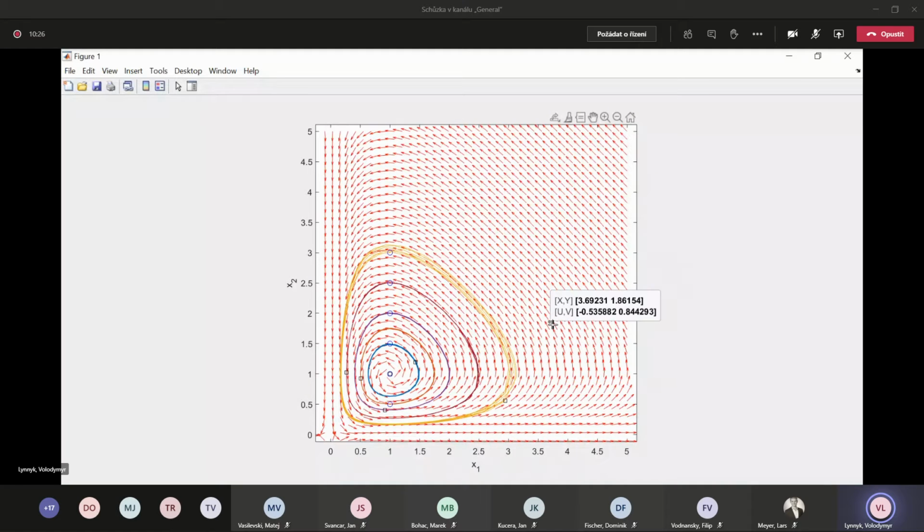Do you have any question here with this model? Okay. And we can see that all these trajectories are bounded.